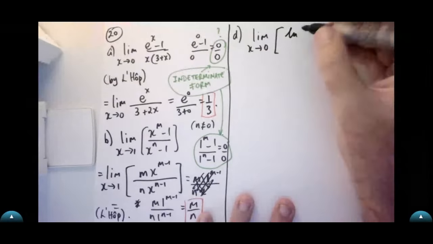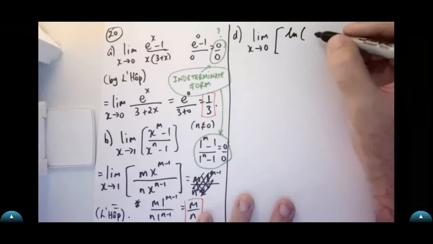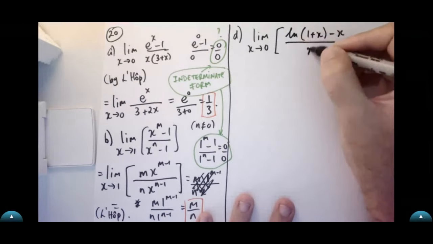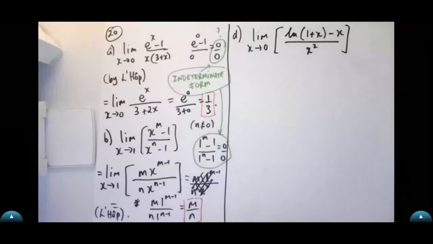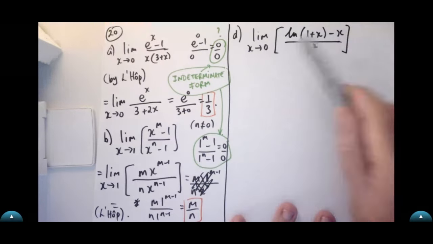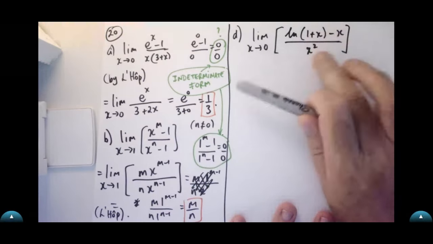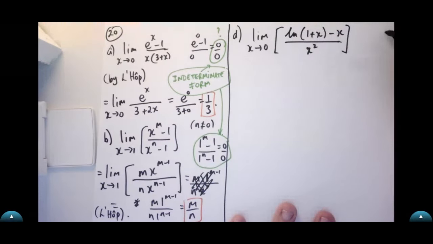So this is ln, natural logarithm. And so let's do one of the normal things with limits and put in x equals 0. So I get log 1 minus 0 all over 0.